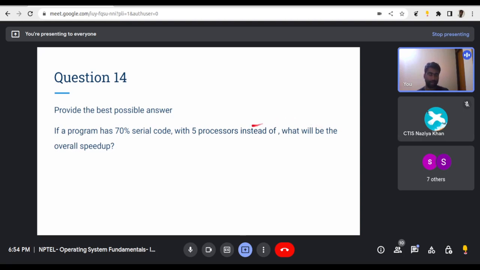If a program has 70% serial code, that means 70% of the code can execute serially only. It cannot execute in parallel. And now it has 5 processors instead of 1. So what will be the overall speed up of the system then?